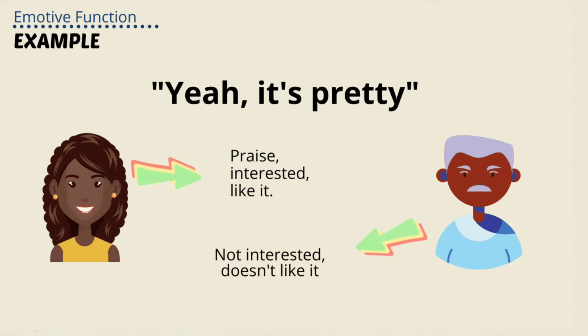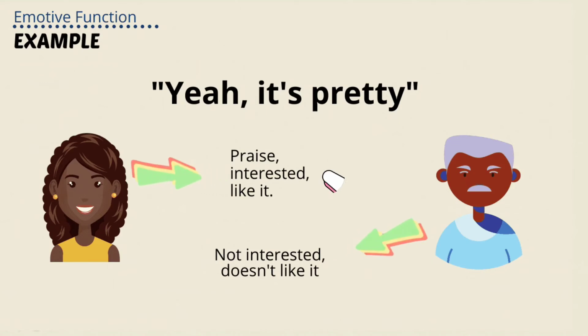For example, when you say, "Yeah, it's pretty," the sentence can cause two emotions depending on how you express the sentence and what tone of voice you use. If you use a cheerful tone, the emotion expressed could be something that refers to praise.